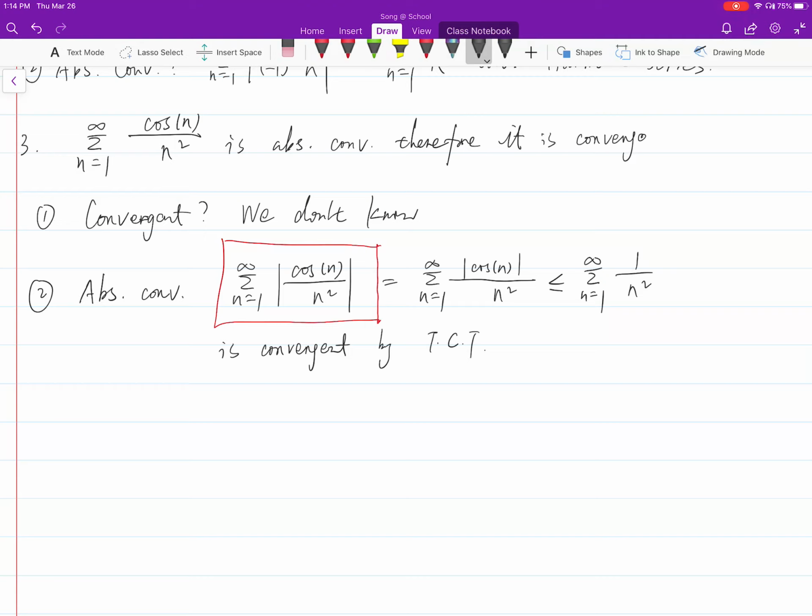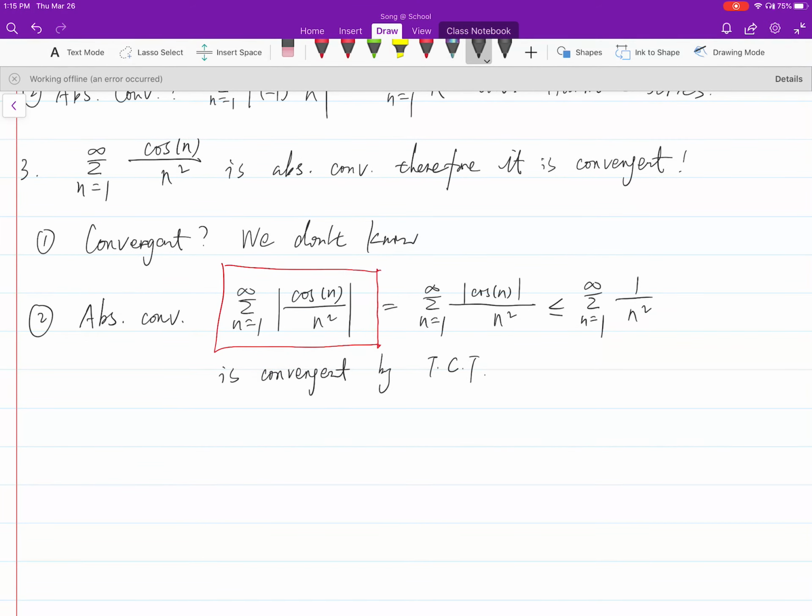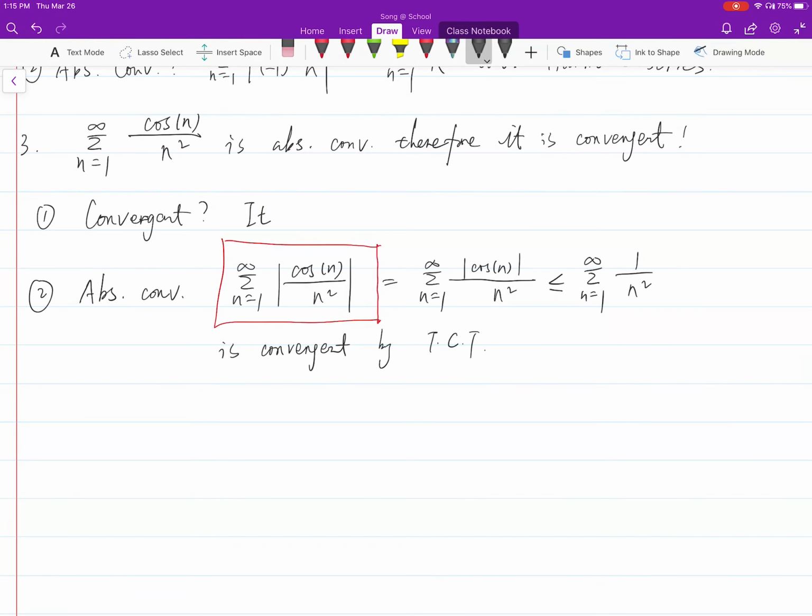If you can show it's absolutely convergent, that's already enough. In other words, if it's absolutely convergent, definitely before you take the absolute value, it is convergent. This is the theorem. So instead of saying we don't know, it is convergent, and this is by the absolute convergence theorem.